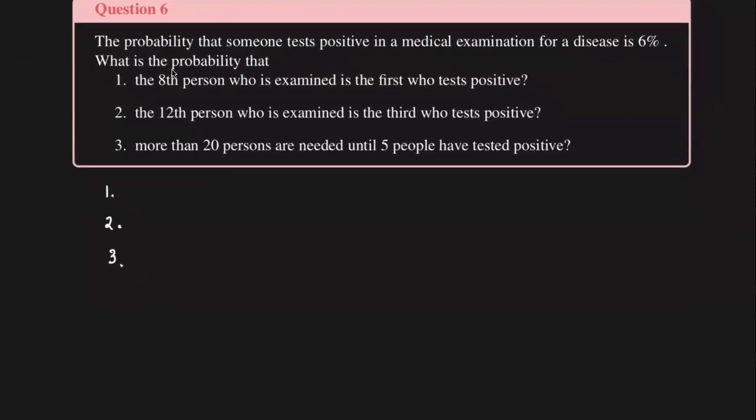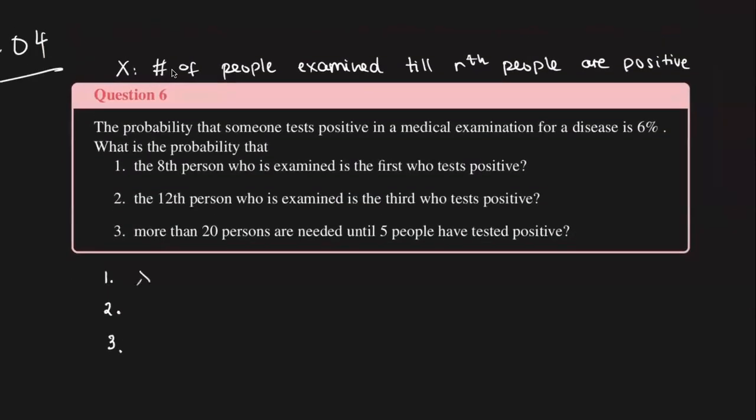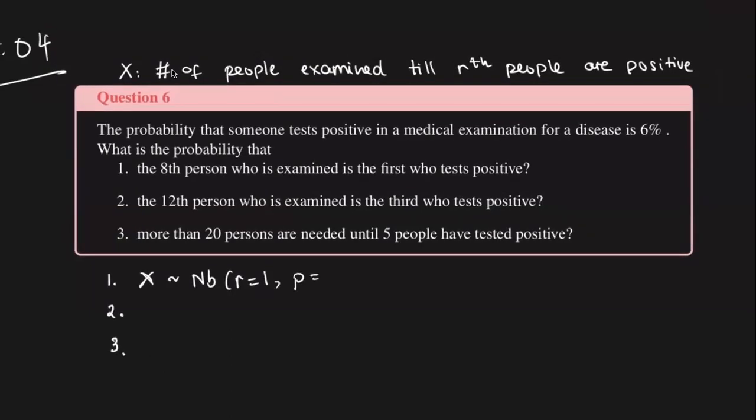For the first one, we let X denote the number of people examined until we get the first positive. That's why R equals 1, because we want the first success. And success is when we see someone who tests positive.